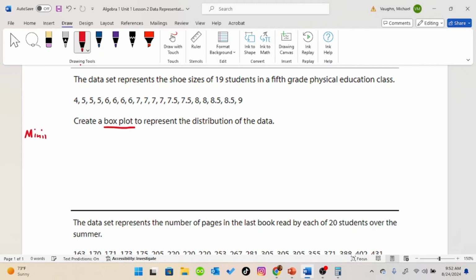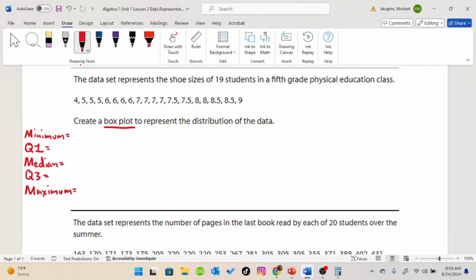That is minimum, first quartile, median, third quartile, and maximum.